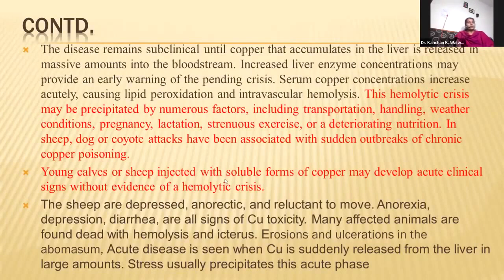Now, if serum copper is taken in huge amount in sheep and goat all of a sudden, there will be an acute rise, which will cause lipid peroxidation and lead to intravascular hemolysis.